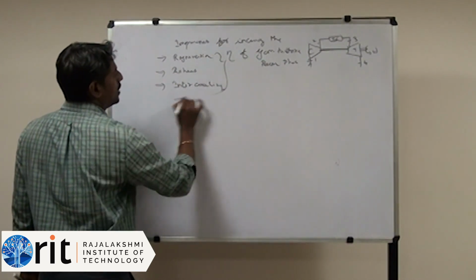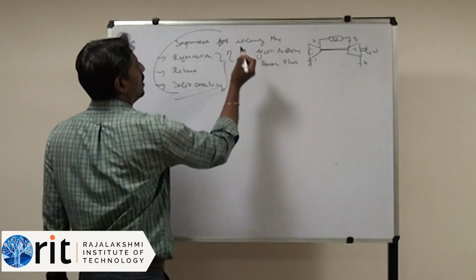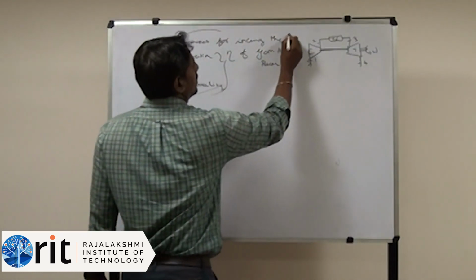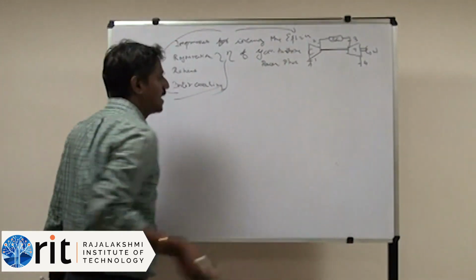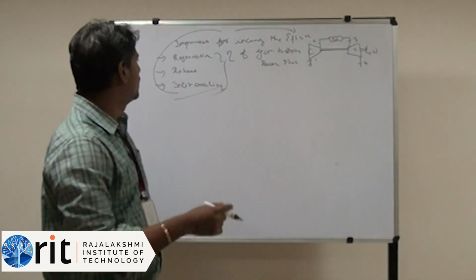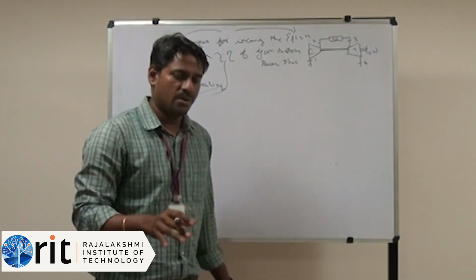These are the three methods by which we can increase the efficiency of the gas turbine power plant. We will discuss all these three topics in the upcoming classes in a detailed manner. Okay, thank you.